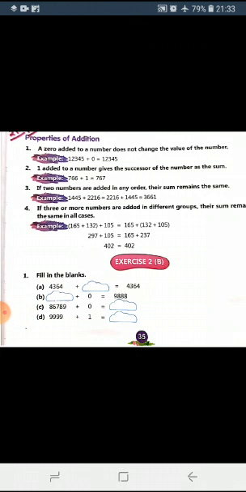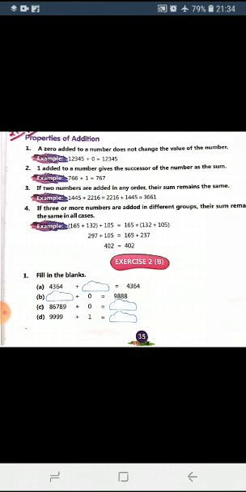property of addition. Now children, you have been using these properties in your junior classes also, but at that time you were using it for smaller numbers, right? Now here in class 4 we have been dealing with larger numbers. Larger numbers means numbers that have more than 5 digits. Okay, so the same properties are applicable to large numbers also.